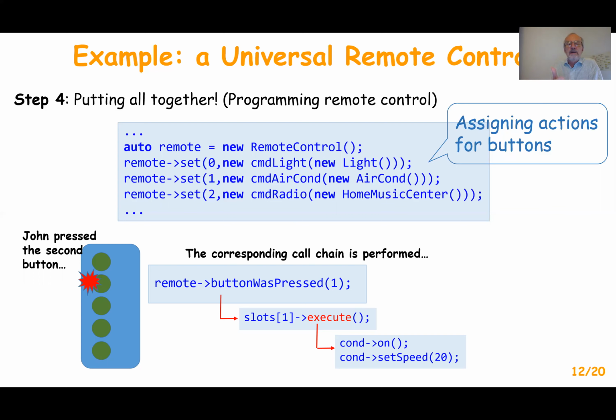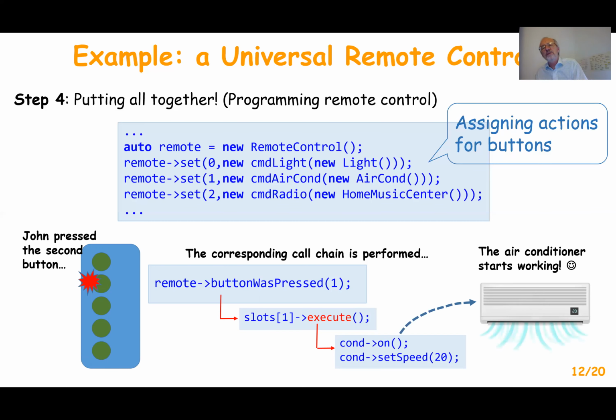In turn, this function executes the call to execute from the slot number 1. And the execute, as you might see from the previous slide, invokes two functions. It switches on the air conditioner and sets its speed. And the result is that the air conditioner starts working.